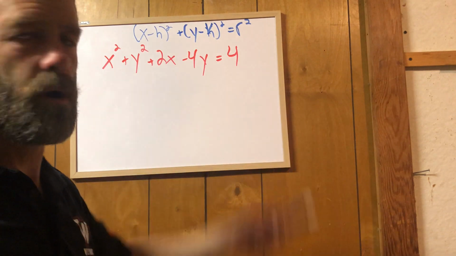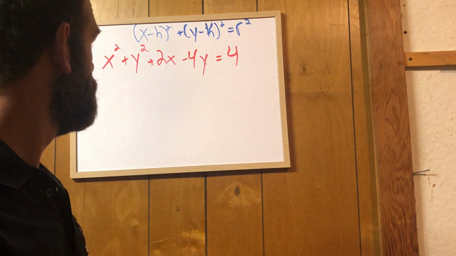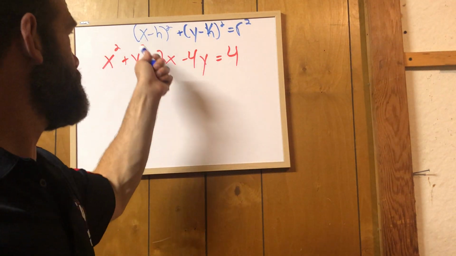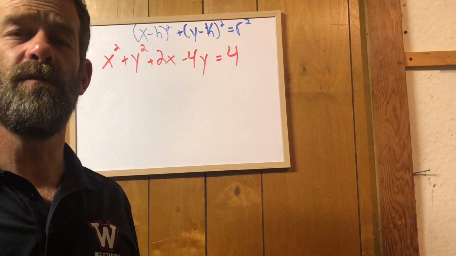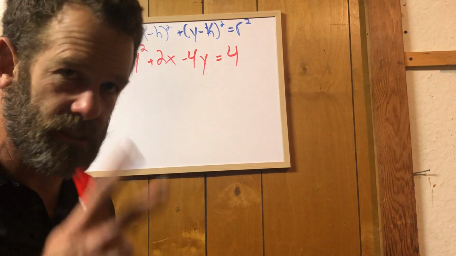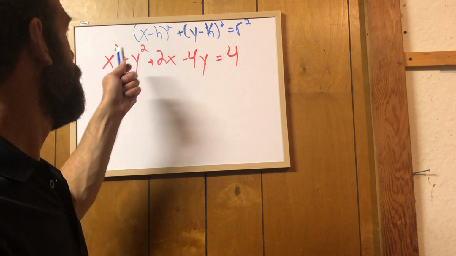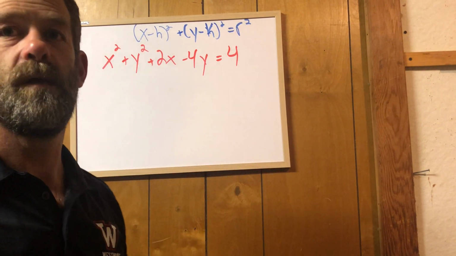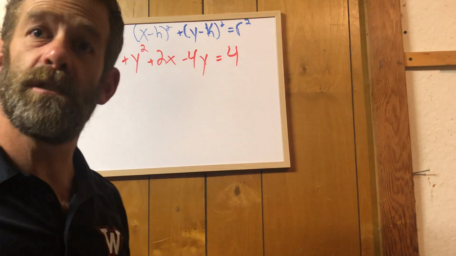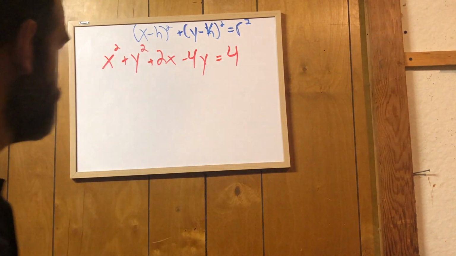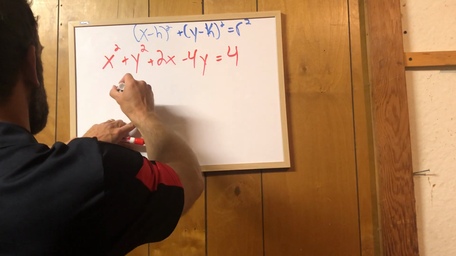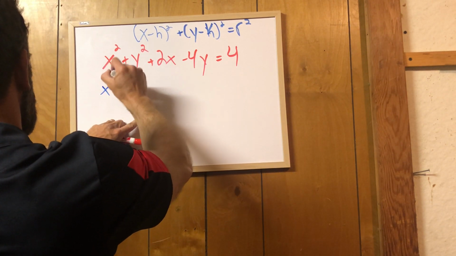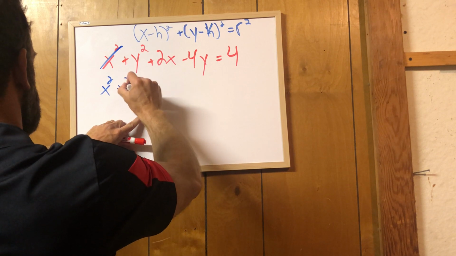The radius isn't 4, just to let you know. And this does not look anything like this. But we are going to complete the square twice. Once for the x's, once for the y's, to get this to look like this. And you'll see how this is done in a second. All right. Very first step you do is group the x's and the y's together. I have x squared and I have a positive 2x.